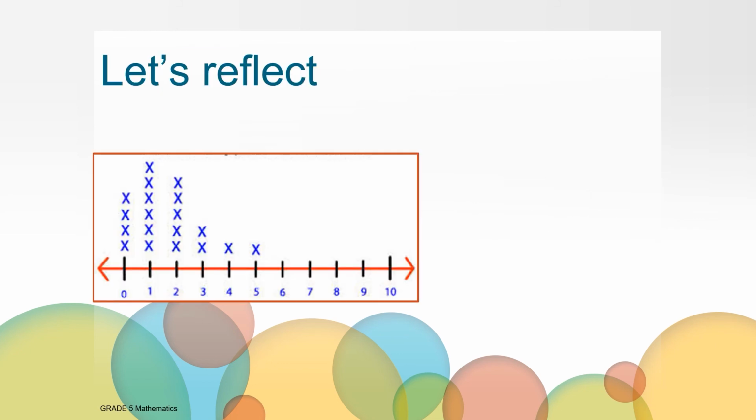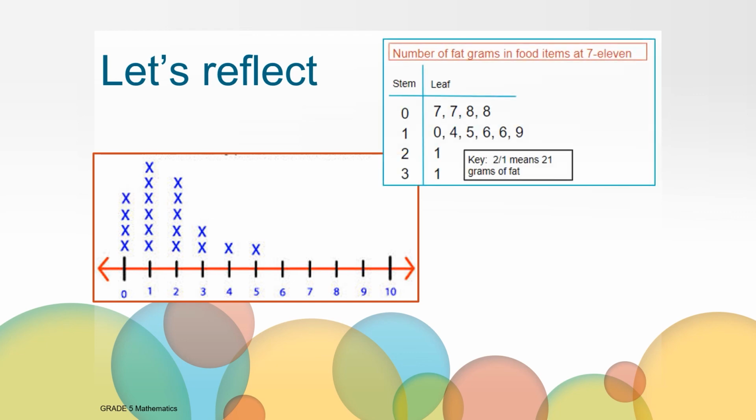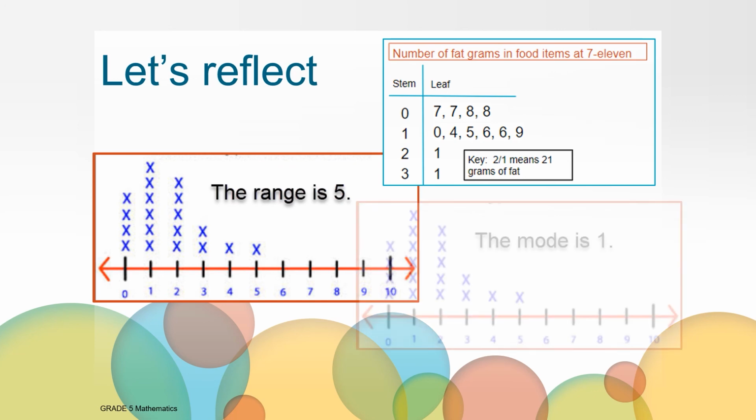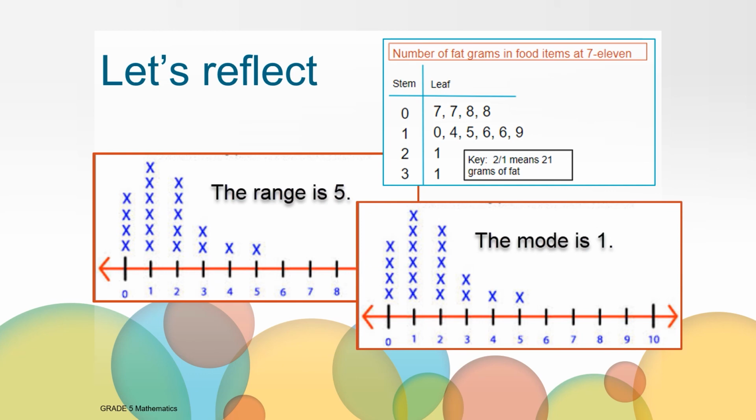So let's reflect. Today, we focused on interpreting data from both a line plot and a stem and leaf plot. We also learned how to determine the range by subtracting the least value from the greatest value and the mode of a data set, or the data value that occurs the most often.